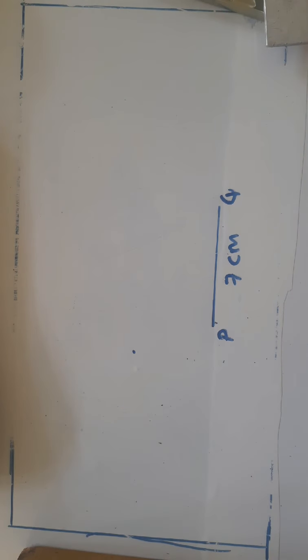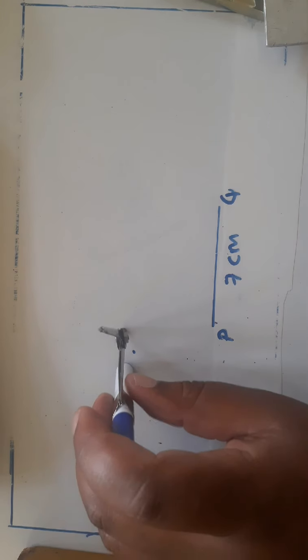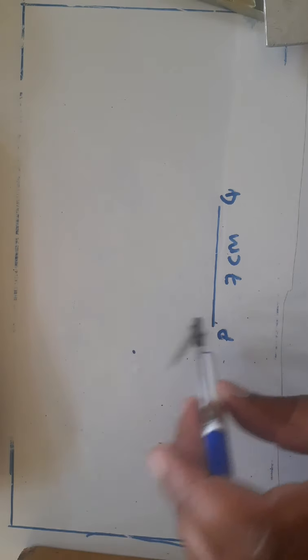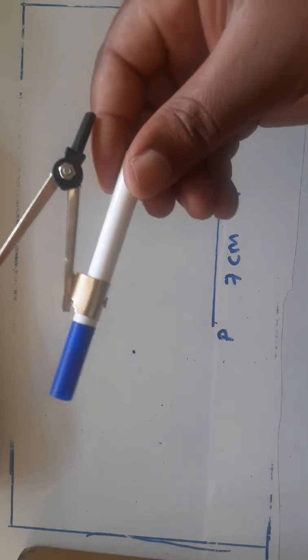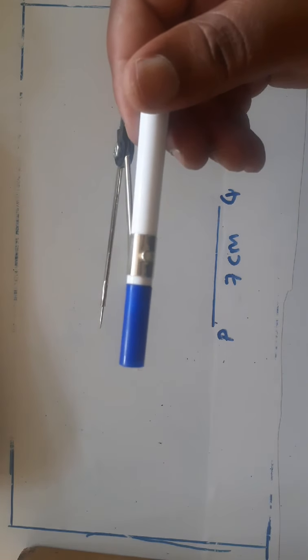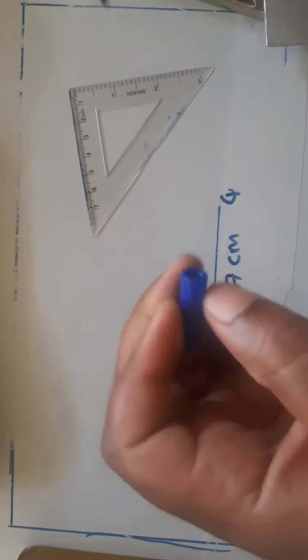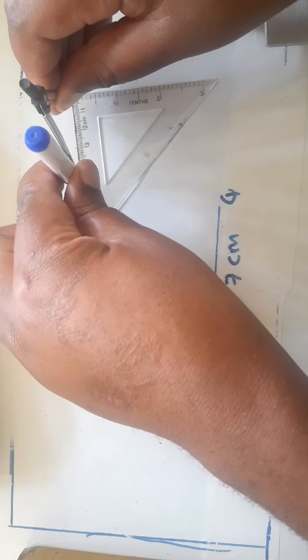Then, from this point P to point S, the distance PS should be 5.5. So you use this to measure that distance. You come here, measure the 5.5. I'll put it at 0 here, then you extend to 5.5.